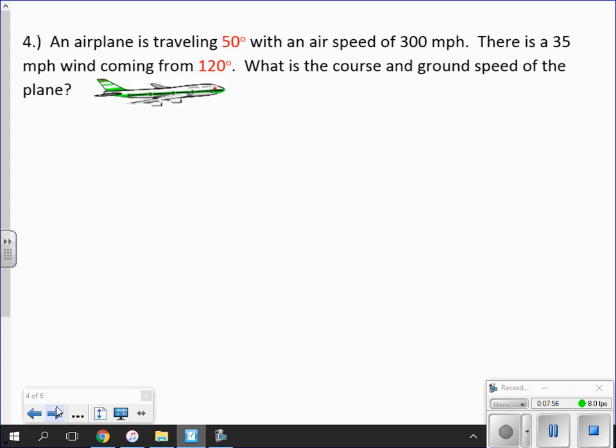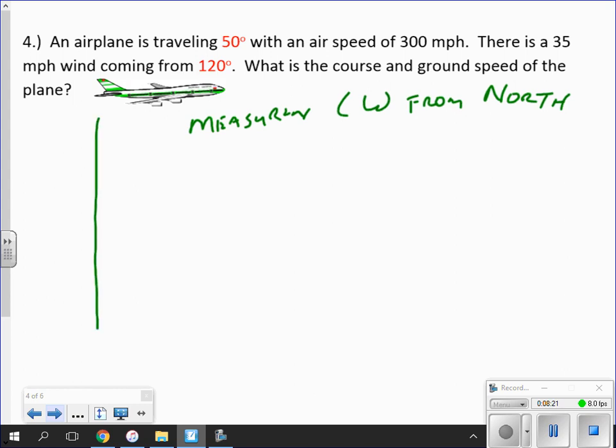Now, we have to set up our vector form. We have to get our standard. Generally speaking, when we're talking about traveling, we are measuring clockwise from north.